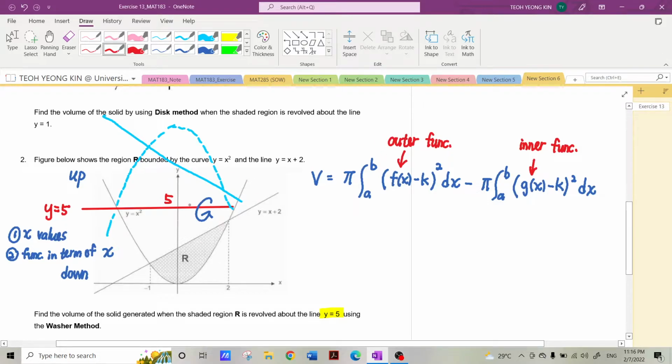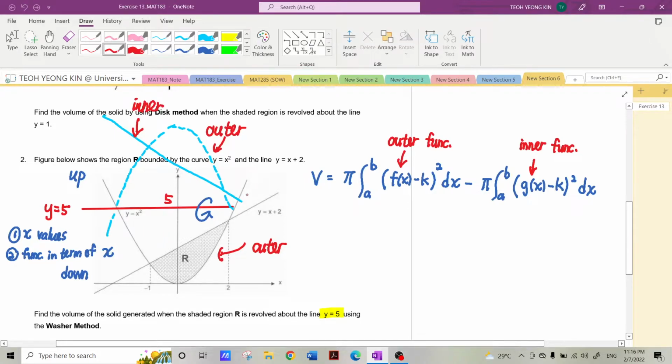If this shaded region is revolved about this line, y equals 5, you can see that the outer function is the curve. When it revolves at this red line, the round shape is the outer function, whereas the inner function is the straight line.